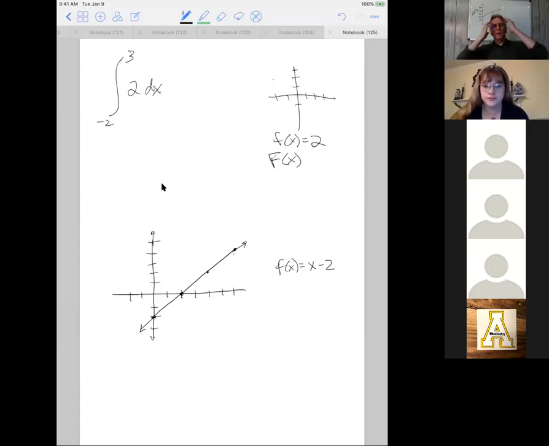Okay, so let's start with a basic one. If you're integrating a constant, the function, little f of x over here on the side, underneath the graph, is equal to 2. That's the function. Over here I'm going to take the antiderivative of it.